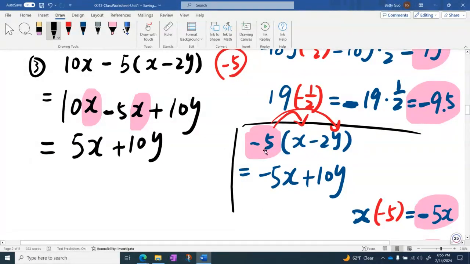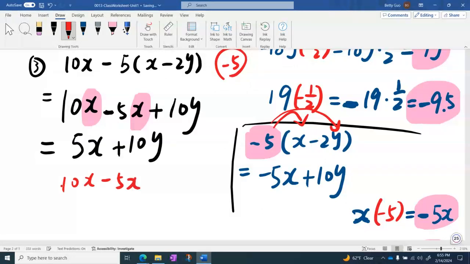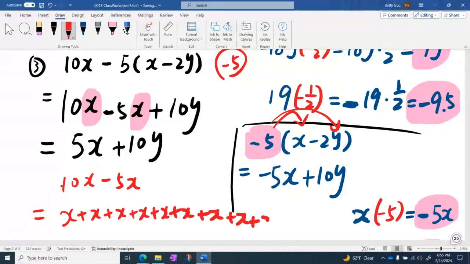I can explain why 10x minus 5x is 5x here. 10x simply means you have 1, 2, 3, 4, 5, 6, 7, 8, 9, 10 x's. 10 times x, you have 10 x's.